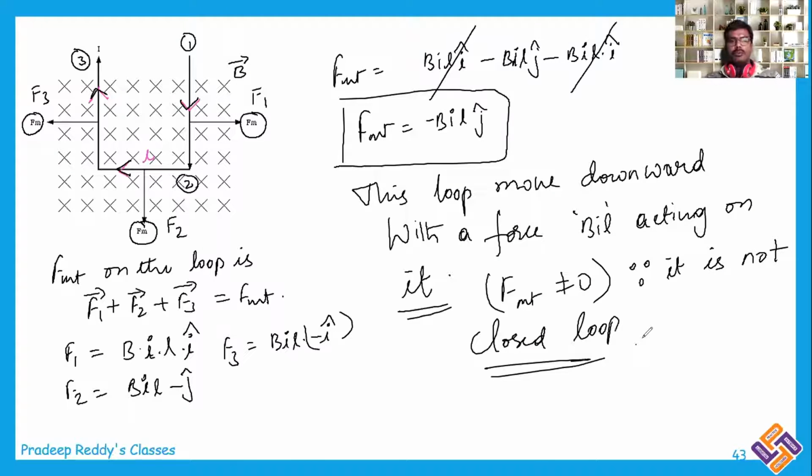That's the reason why, even though this force and this force get cancelled, there is one force acting in the downward direction. As a result, overall, that loop will be pulled in the downward direction. It goes down. That's the magnetic force acting on the current loop which is placed here.